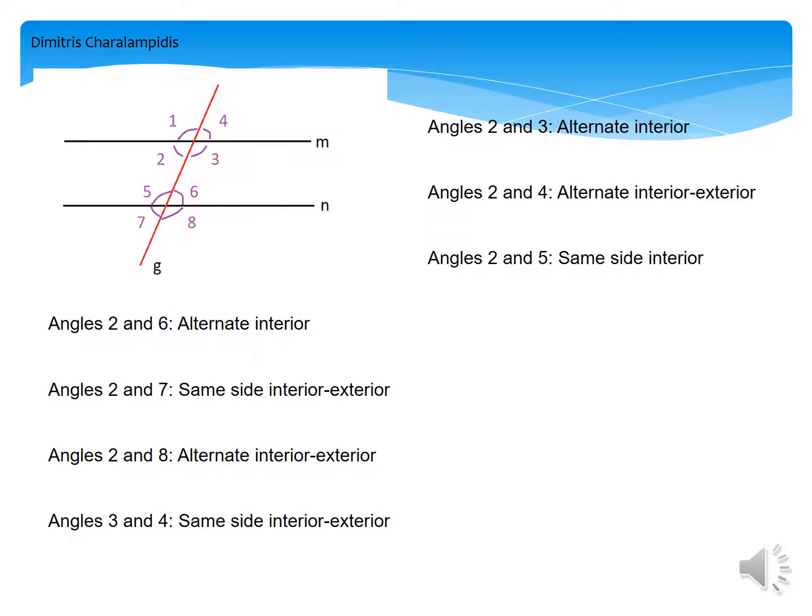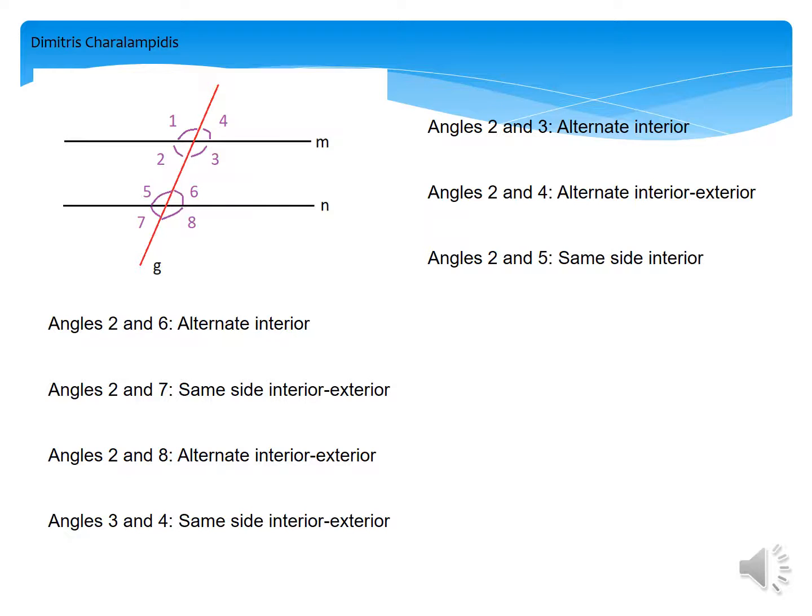These angles are same side because they are at the left of line G, and interior-exterior because angle 2 is between parallel lines while angle 7 is outside of these lines respectively. Angles 2 and 8. They are alternate interior-exterior angles.